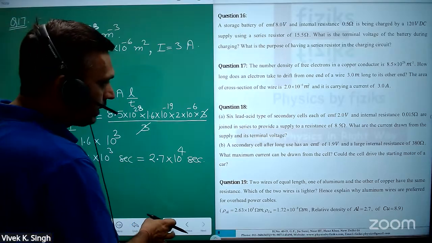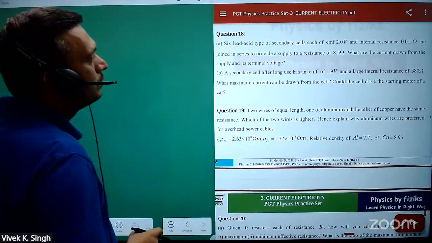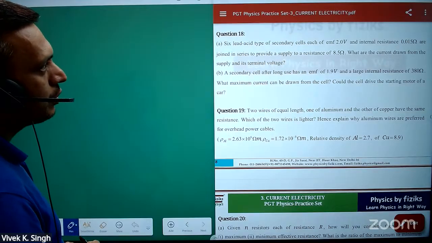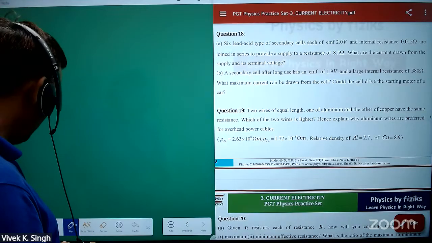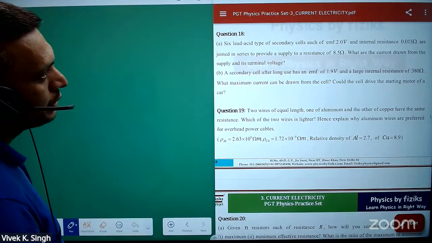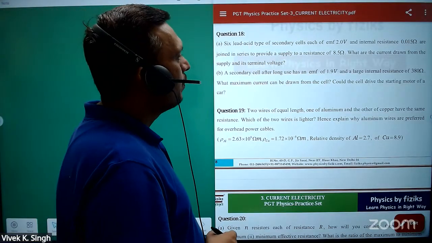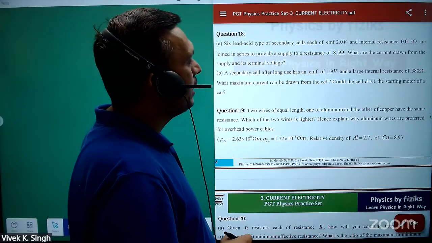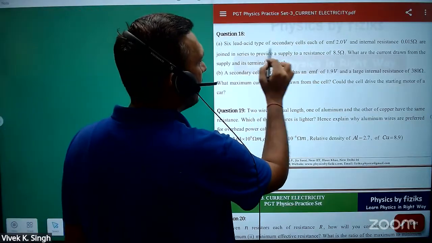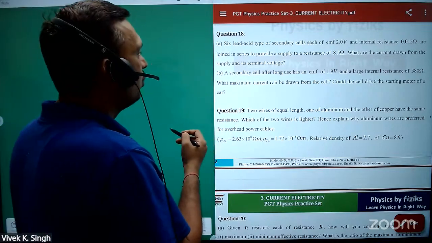So there is a six lead acid type of secondary cell, each having EMF of 2 volt and internal resistance of 0.015 ohm, joined in series to provide a supply to a resistance of 8.5 ohm. So they are connected in series. What are the current drawn from the supply and its terminal voltage?